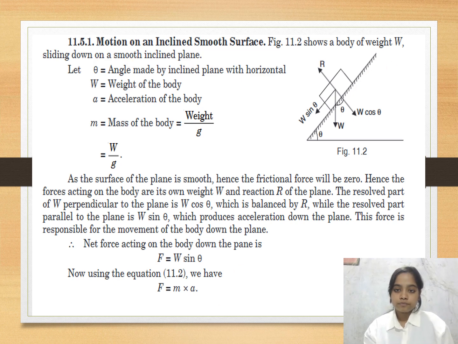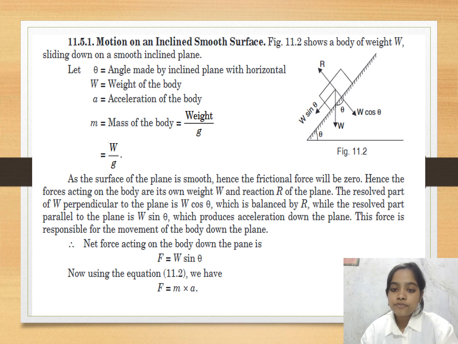Let theta be the angle made by the inclined plane with the horizontal, W is the weight of the body, and A is the acceleration of the body. From here we can say the mass of the body is equal to weight by G.